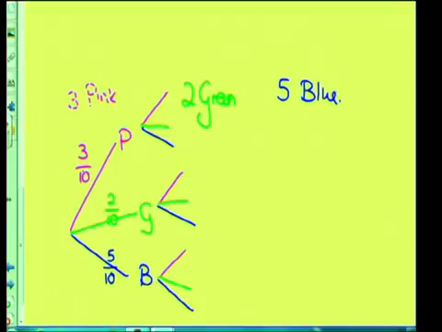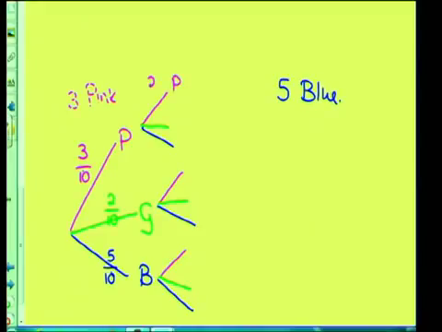So let's have a look at what we've got here. Right, I just think I need to get rid of this little green over here so we've got some room. And let's start by looking at the pink. Now, if our first tablet I ate was a pink, that means instead of 3 pinks, I've only got 2 pinks left. So in actual fact, to get a pink now is 2 out of 9, because I have already eaten a pink.